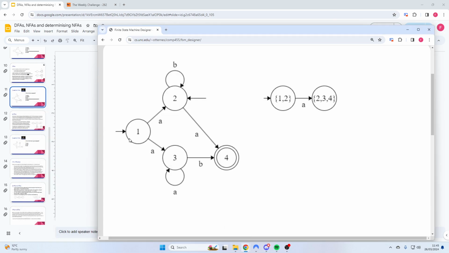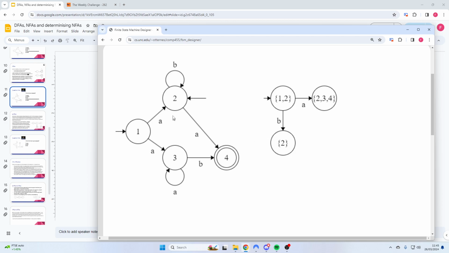So if we're at 1 and we went down the B path, there's nowhere to go. This would be rejected, but not the whole string rejected, because it's an NFA right now. If we're at 2 and we went to B, we can only go in on itself. So we've lost the 1 by going down this path.